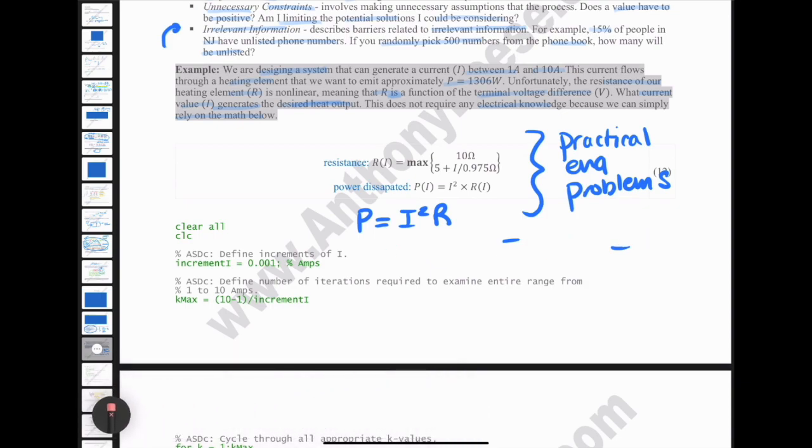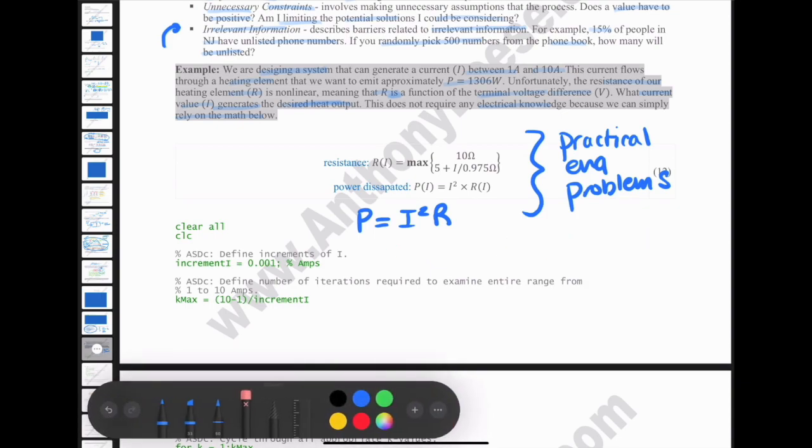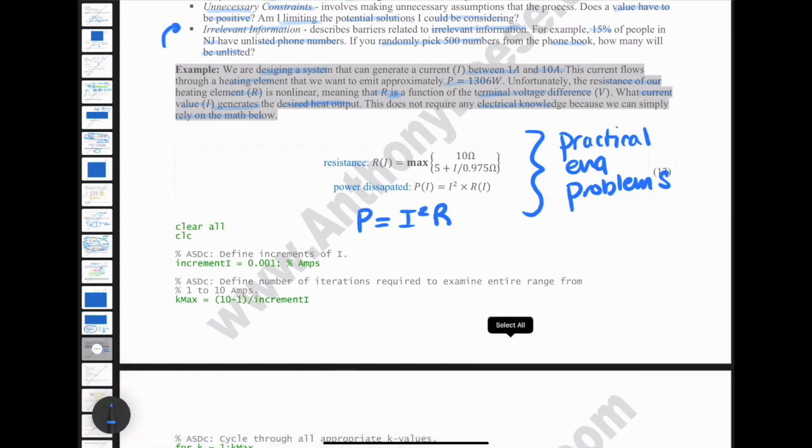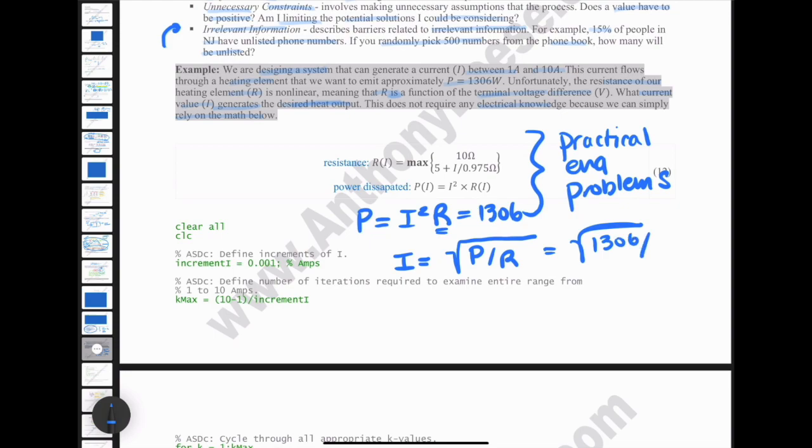So we're told in the problem description that this should equal 1306 watts, and we're tasked with determining the appropriate current value. If R were constant, we could simply invert and end up with I being the square root of P over R, or the square root of 1306 over whatever that resistance value was.